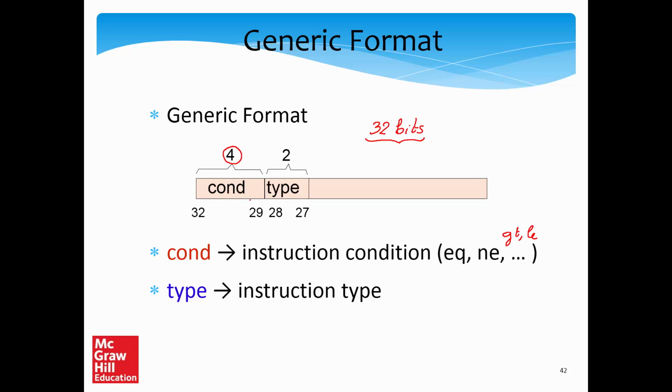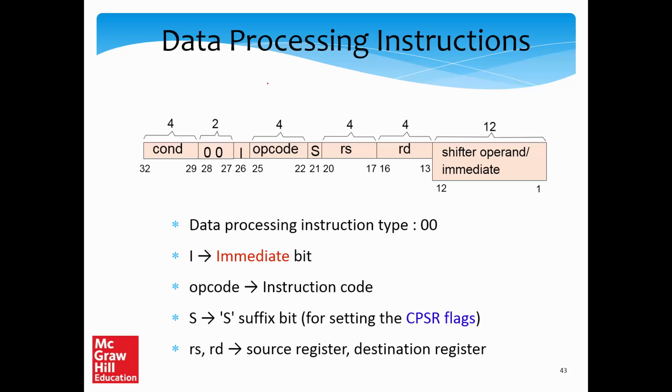The next 2 bits encode the type of the instruction. Since we have 2 bits, ARM can support mainly 4 broad types of instructions. We'll see what the types are in the next few slides. So let's consider the generic format of data processing instructions, which are basically ALU instructions, arithmetic and logical instructions.